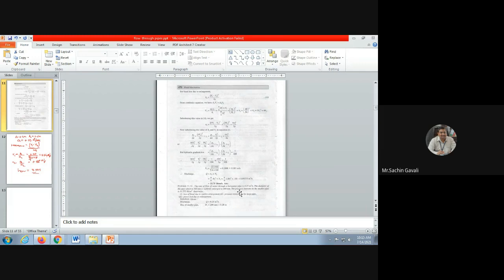Now, this numerical is the same as the previous numerical. The rate of flow of water through a horizontal pipe is 0.25 meter cube per second.